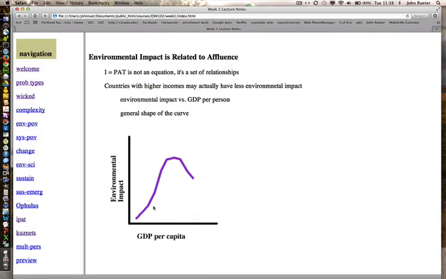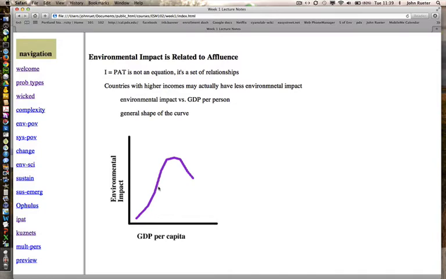And for poor countries, the GDP per capita, they have low environmental impact, because people have much more localized impact on their environment. They don't have the big expenses to make large projects that do have large impact. Then as you increase, there's just more and more of that.